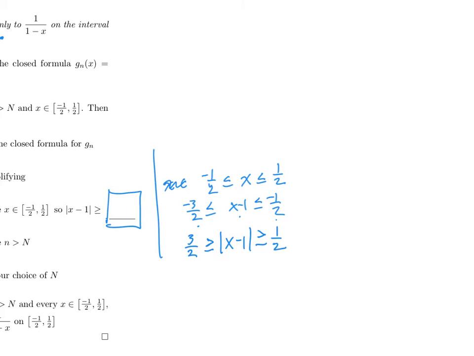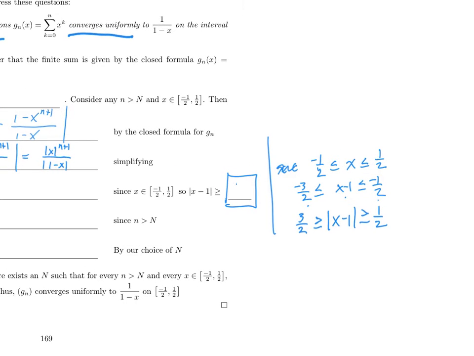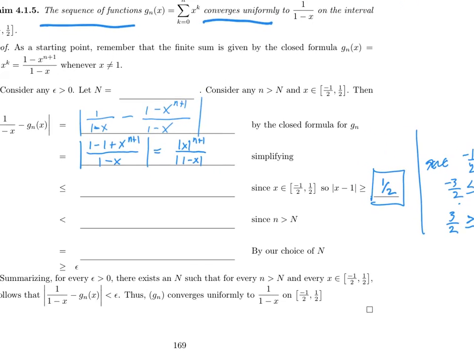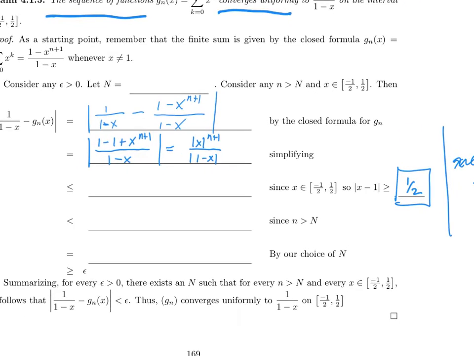So the absolute value of x minus 1 is at least 1/2. What does that mean? That means that this whole thing is less than or equal to the absolute value of x to the n plus 1 divided by 1/2. Maybe we can simplify that a little bit to 2 times the absolute value of x to the n plus 1.